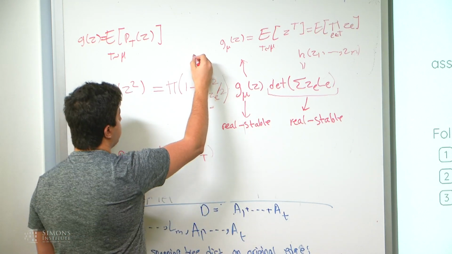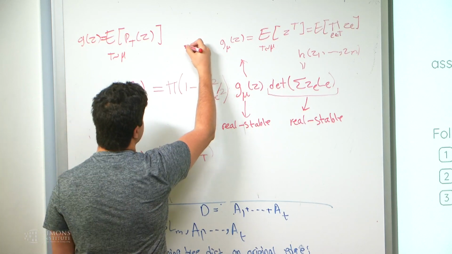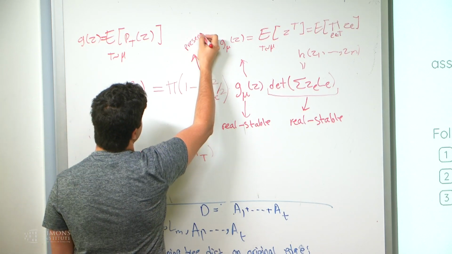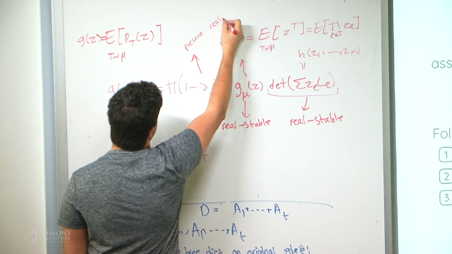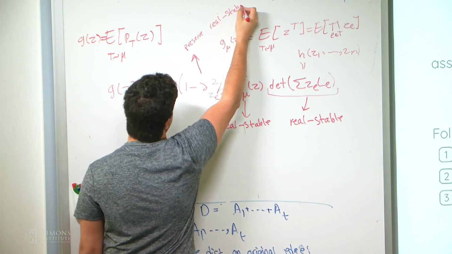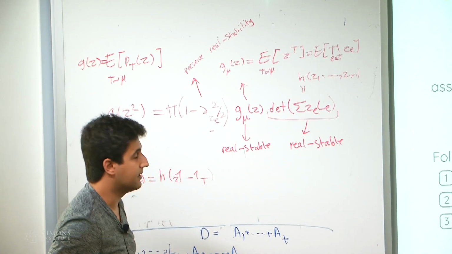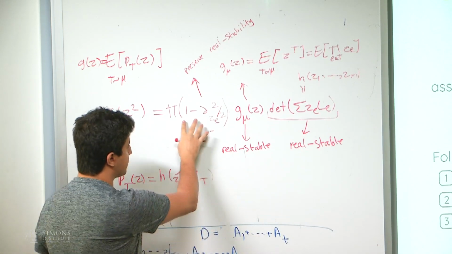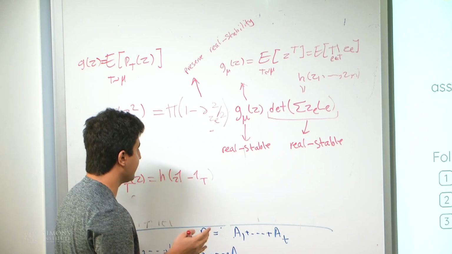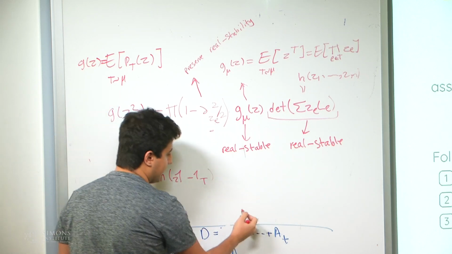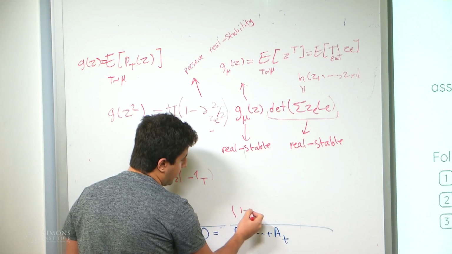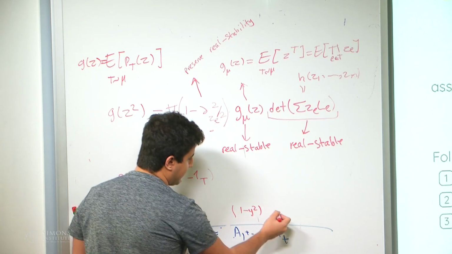And these are operators that preserve real stability. The reason these operators preserve real stability is that basically the polynomial 1 minus y squared is real rooted.